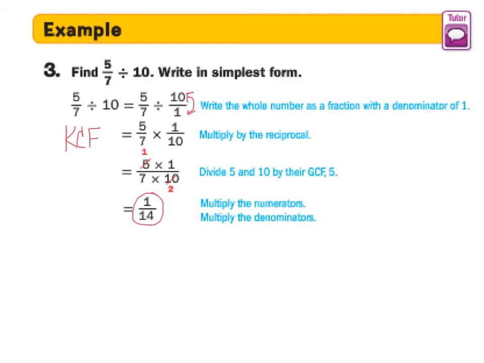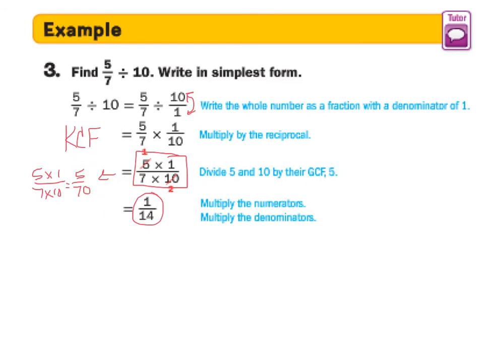Now if I didn't do this simplification process right here, what it would have looked like was 5 times 1 over 7 times 10, which gives us 5/70. And hopefully if you remember your divisibility rules, you should recognize that 5 and numbers that end in 0 or 5 are compatible.